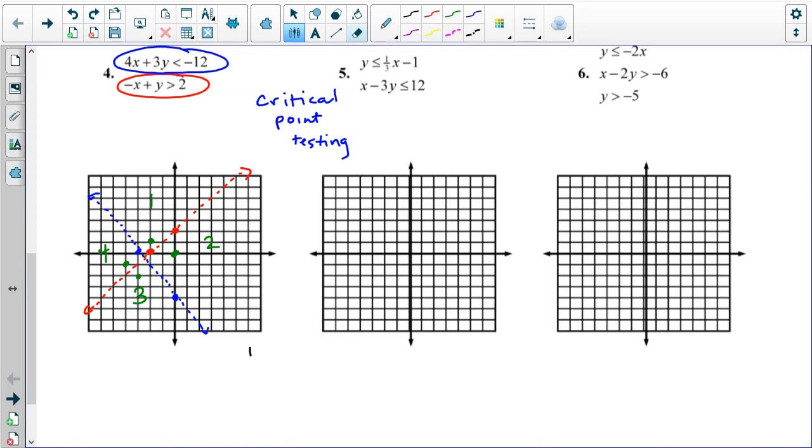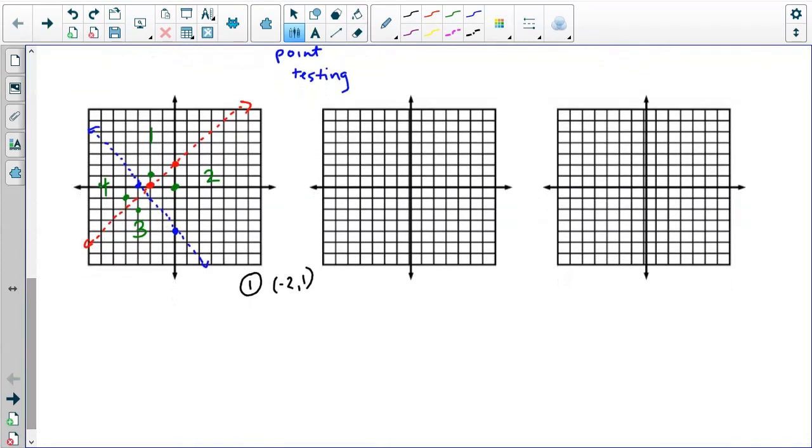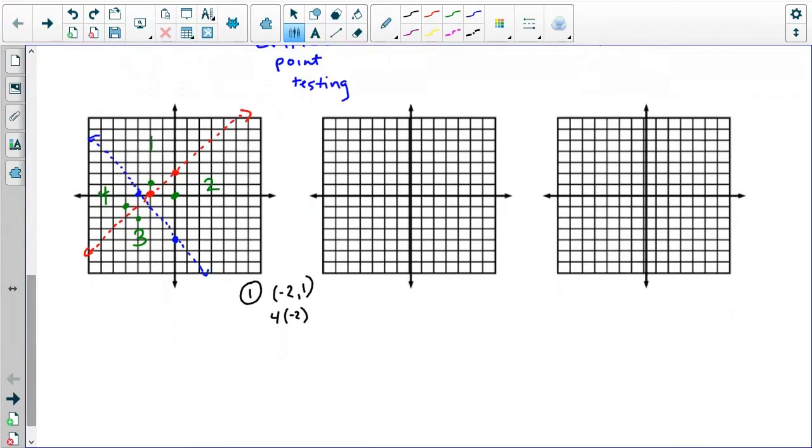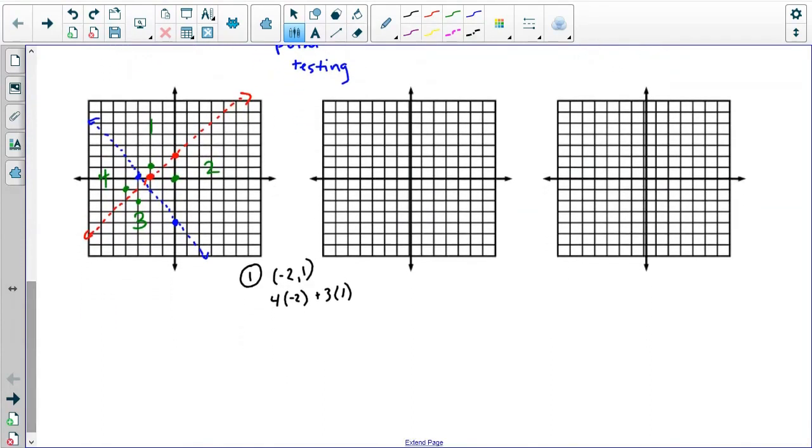So first, let's talk about region 1. In region 1, I have the point -2, 1. If that point works, then every other point in that region is going to make both of these work. So I'm going to try 4x plus 3y, and I'm going to see if that is less than -12.